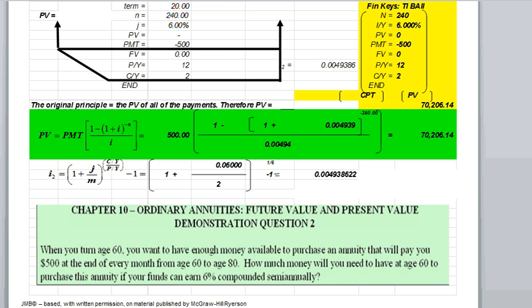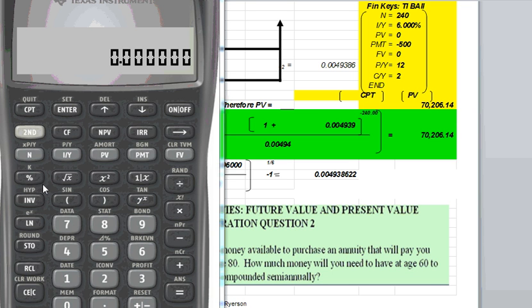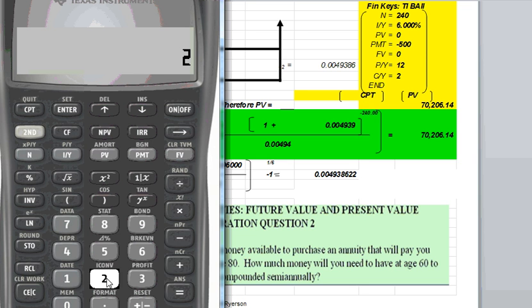If we were to use the Business Analyst 2, it's always a good idea first to clear the memory, and then 240, that's your N, 6, that's your I/Y, 0 for present value, negative 500, so 500, change sign, and that's the payment, 0 for future value.